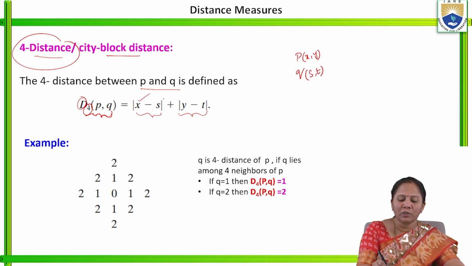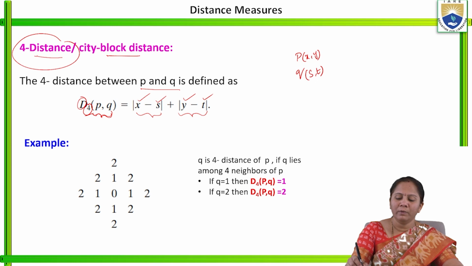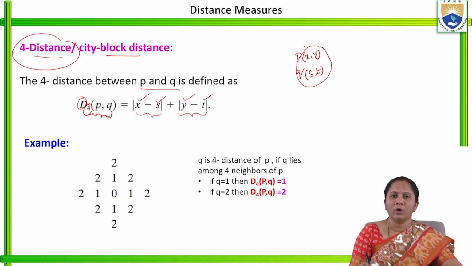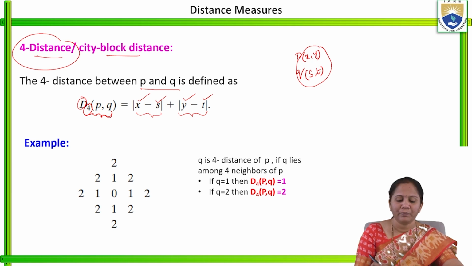And the values of x, s, y and t we get from the coordinate values of the two pixels P and Q.